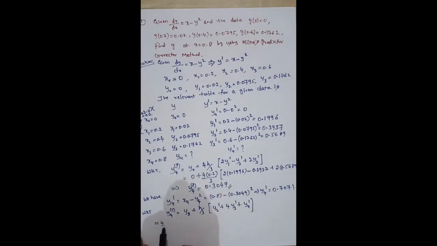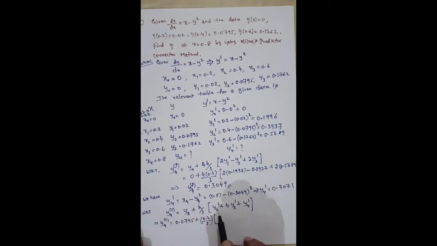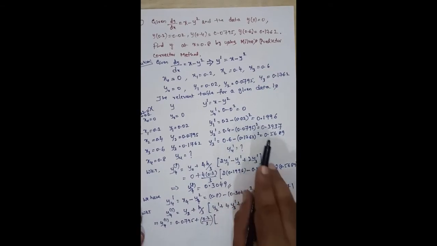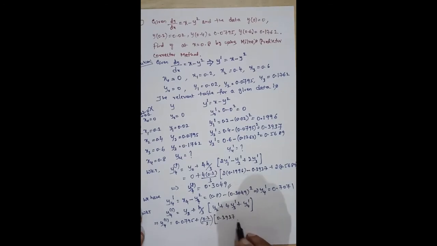This implies y4 power c equals y2. What is y2? 0.0795 plus h is 0.2 divided by 3 into, substitute these values from the table. So y2 dash, what is y2 dash? 0.3937 plus 4 into y3 dash. What is y3 dash? 0.5689 plus y4 dash.